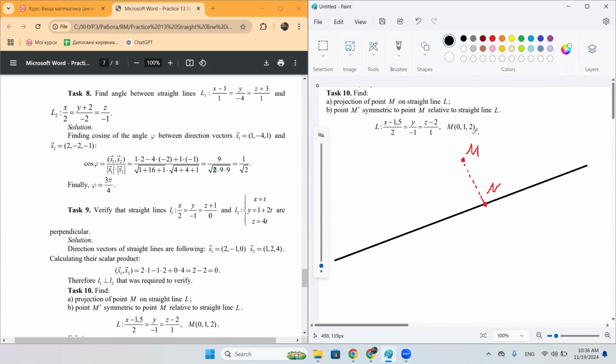We need point M and the coordinates of the normal vector. So the normal vector is the following. It matches the direction vector of the straight line L.